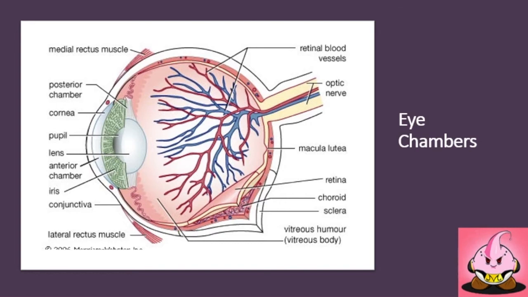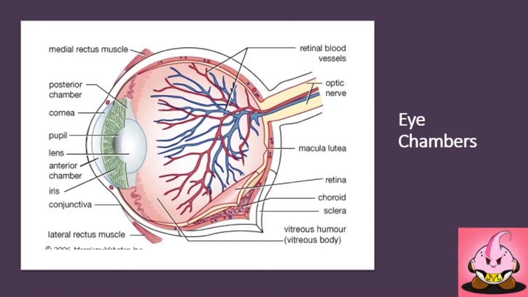This will be the posterior cavity, since this is where the lens divides the two parts of your eyes. Your anterior cavity has an anterior chamber, which can be found between the cornea and your iris, whereas the posterior chamber would be found between the iris and the lens.